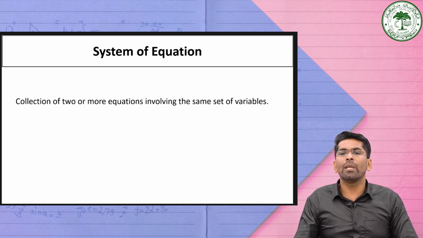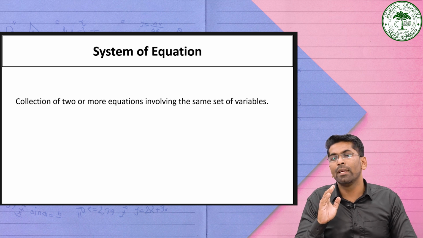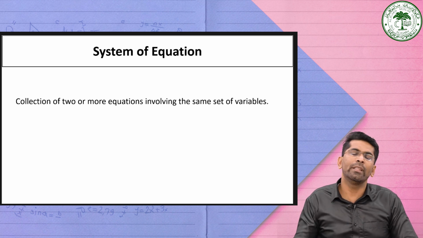A system of equations is a collection of two or more equations involving the same set of variables. The solution to a system of linear equations is a set of values for the variables that simultaneously satisfy all equations in the system.